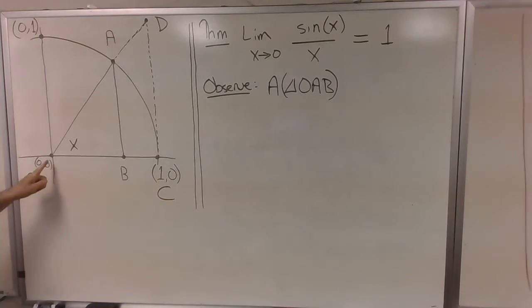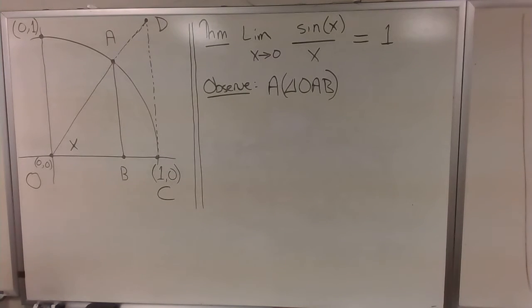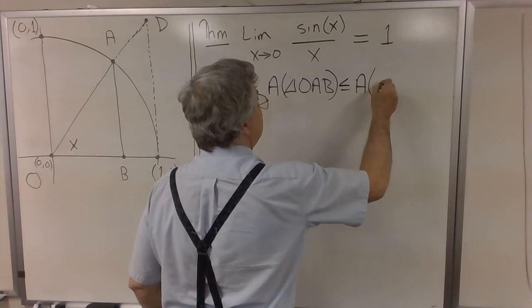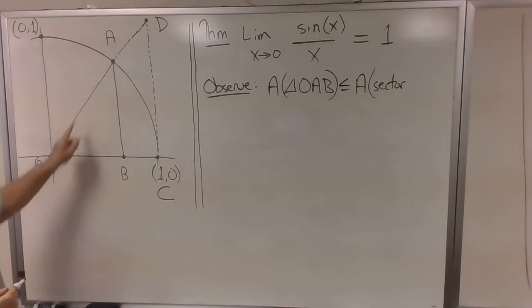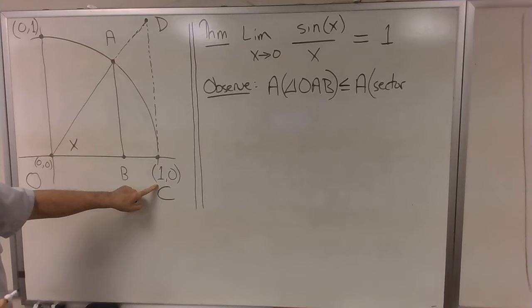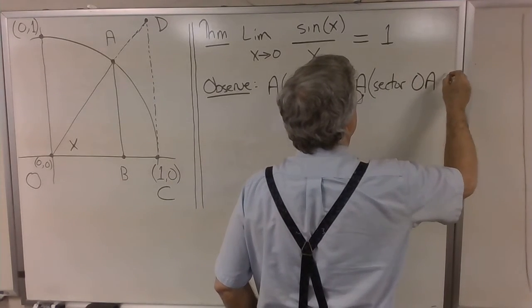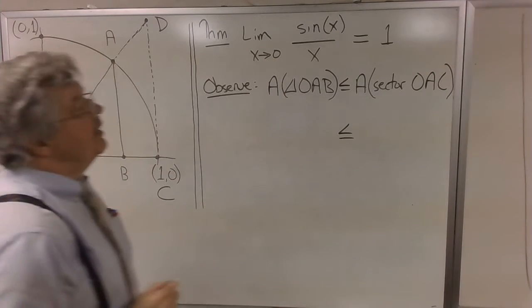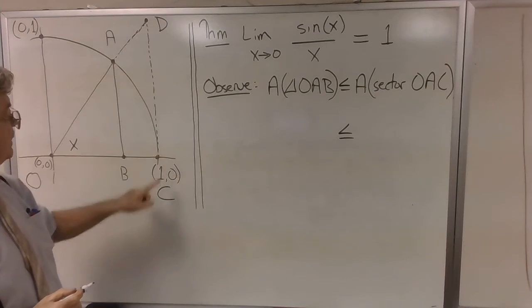The area of triangle OAB is less than or equal to the area of sector OAC, and that's less than or equal to the area of triangle ODC.